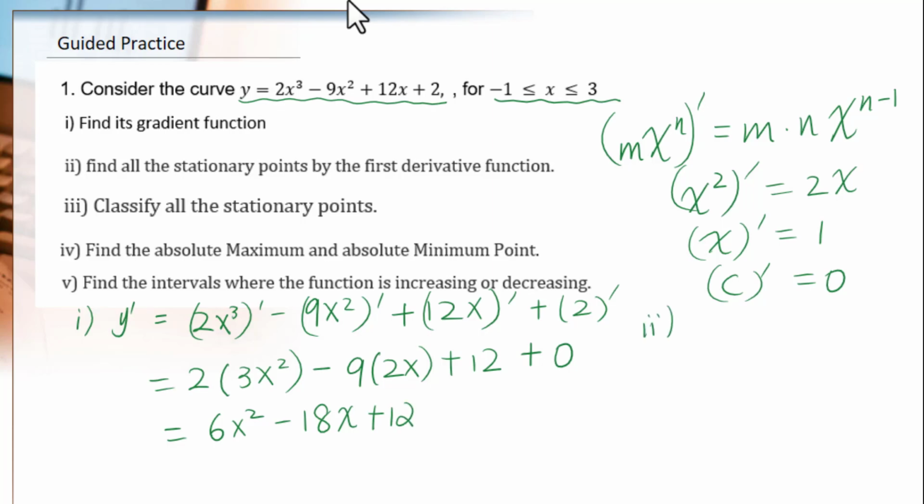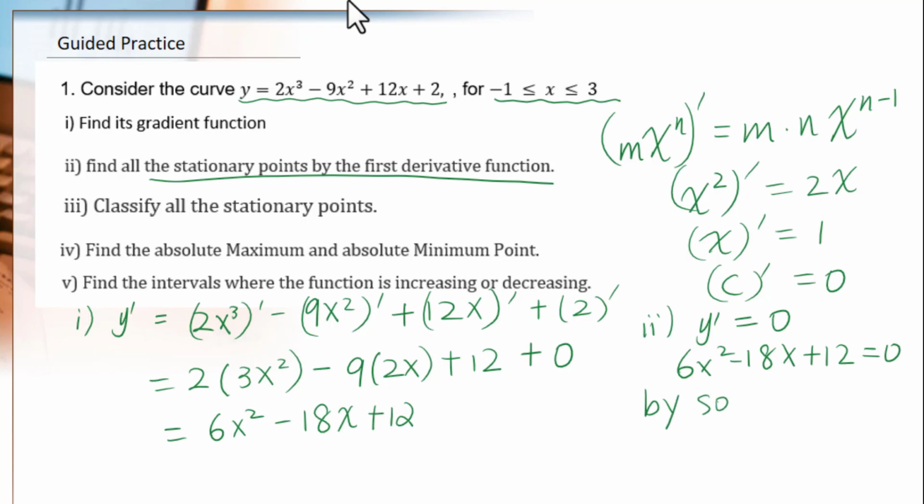For the second question, find all stationary points by the first derivative of the function. Y prime equals 0, which means 6x squared minus 18x plus 12 equals 0.